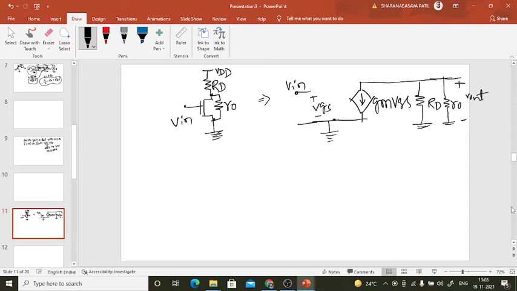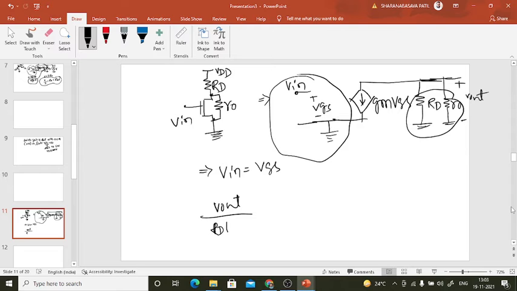These two are in parallel, so that will give RD parallel with R0, and the current is leaving this terminal, so it will be gm VGS equal to 0. So what we get from here, V out equal to minus gm VGS into RD parallel with R0.